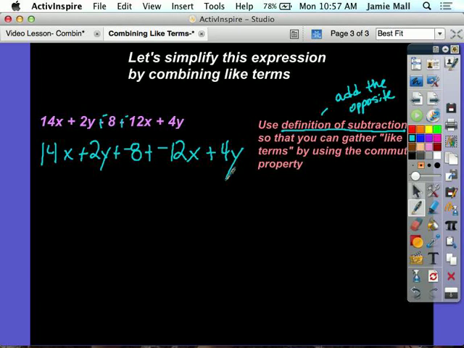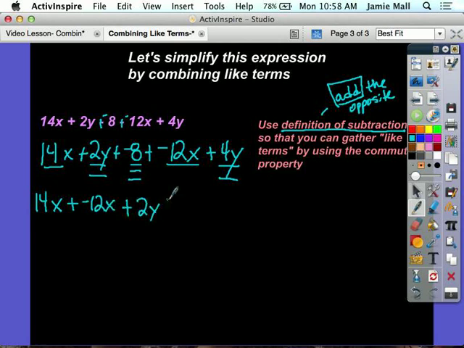I haven't done any math, but now that I have everything in terms of addition, I can use the commutative property to gather my x's together, my y's together, and my number coins together. So I'm just rewriting 14x plus negative 12x plus 2y plus 4y plus negative 8.